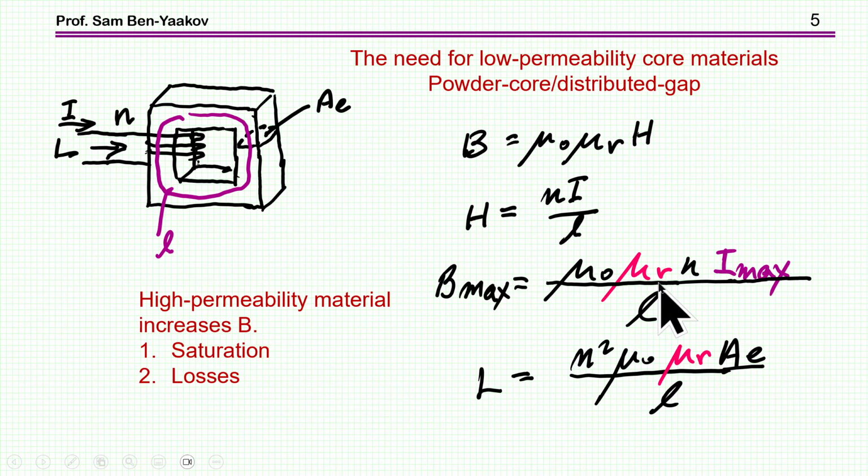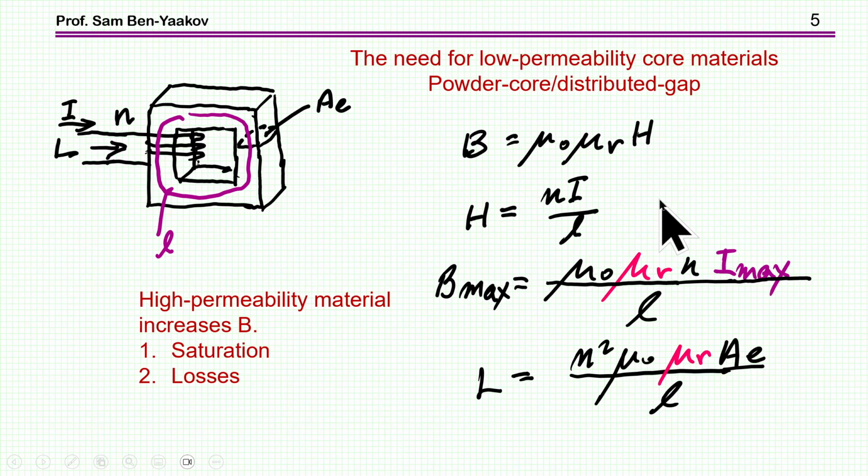So this shows that from the point of view of the magnetic flux density, you'd like to have a lower permeability. Now, I can do this by choosing a material which has a low permeability. Materials like powder core or distributed gap, as they are called, like Kool Mu of Magnetics, are offered with various permeability.